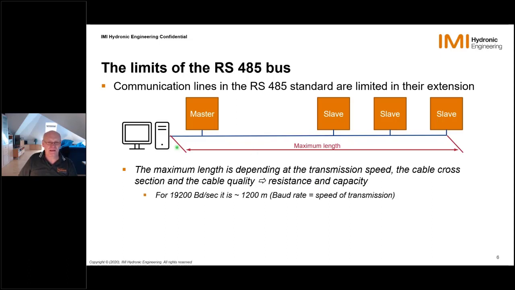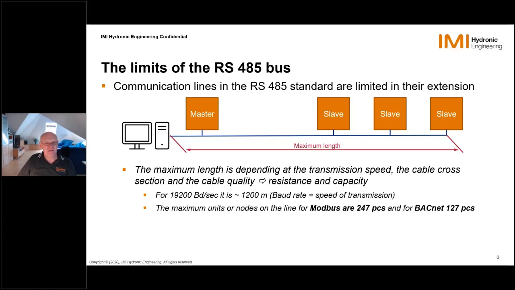The maximum length of one bus line for 19,200 baud is around 1,200 meters. And baud means baud rate, that is the speed of transmission. It's the number of signs per second which are transported over the bus system.